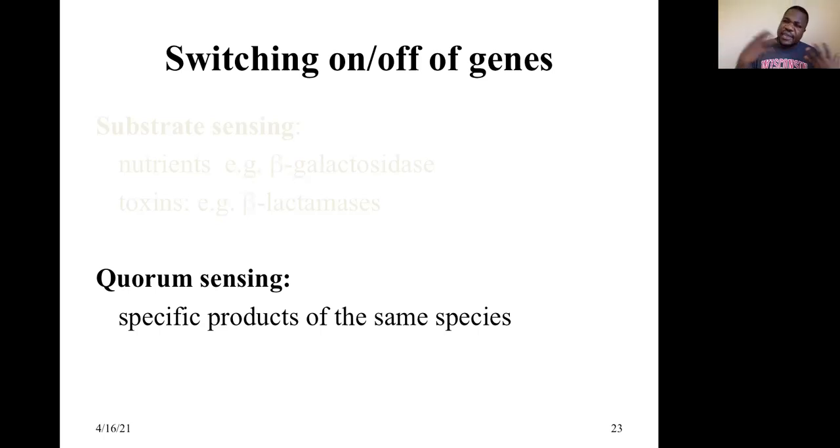Another example of switching genes on and off: in the first part of this lecture, we also spoke about Salmonella typhi having antigens O, H, and Vi. All those antigens switch on and off depending on the need.